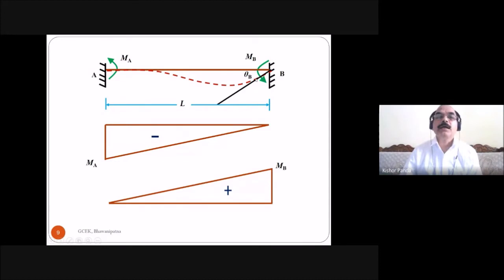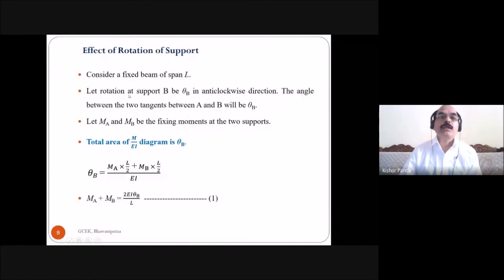So this is the anti-clockwise rotation, and we will draw a tangent here, this tangent and the original axis of the beam. So this is the rotation, in anti-clockwise direction, this is your theta b. Let rotation at support B be theta b in anti-clockwise direction.